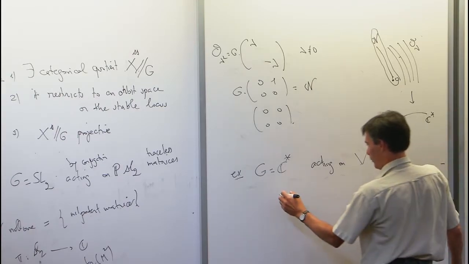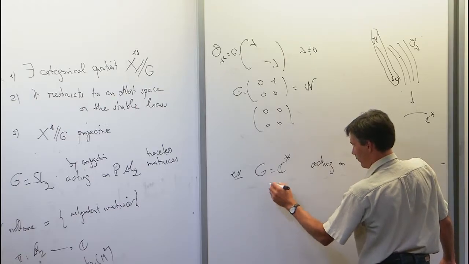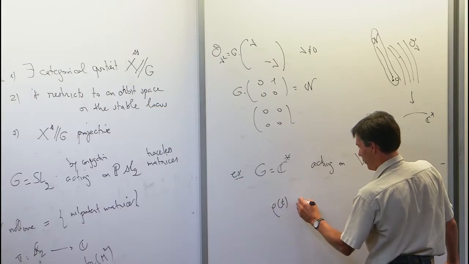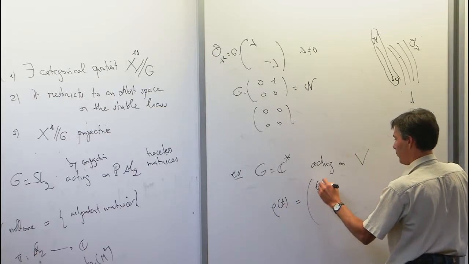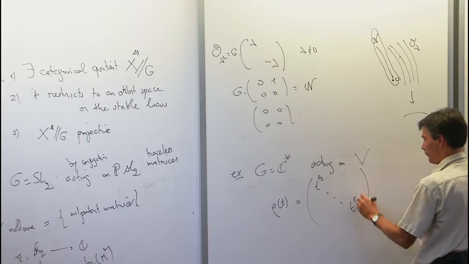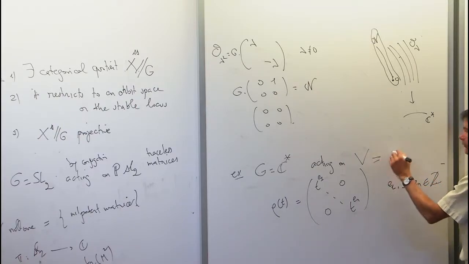So rho of t, in some basis, is given by diagonal matrices with some exponents e1, ..., en, integers. So V has dimension n.